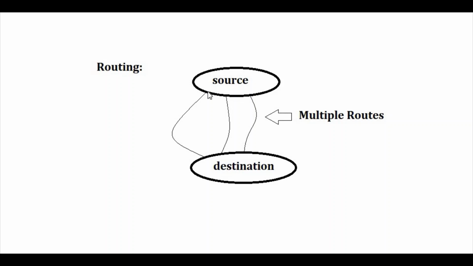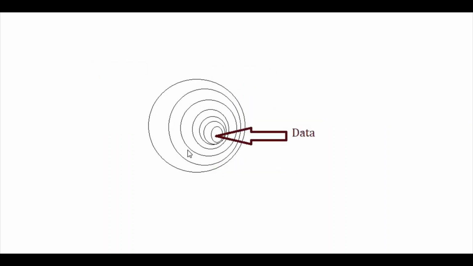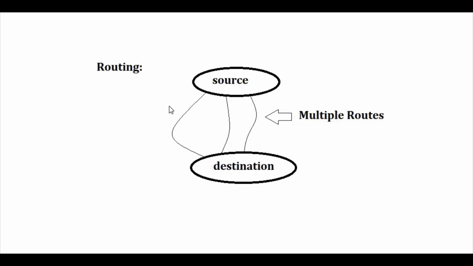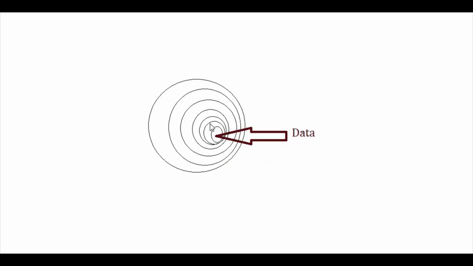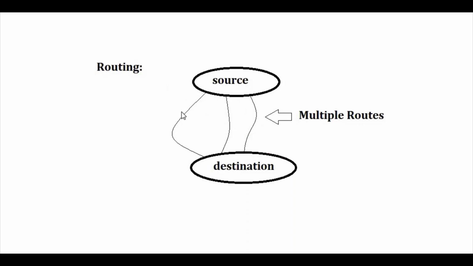When it travels from source to destination in onion routing, on the way there are going to be several onion routers, and these layers are peeled off one by one by all these routers.